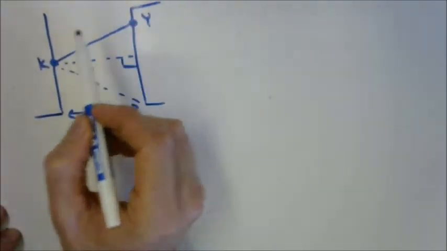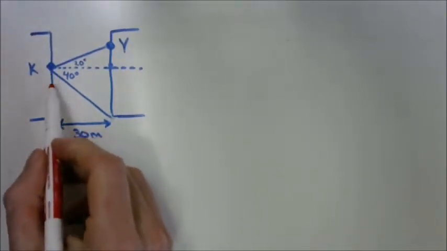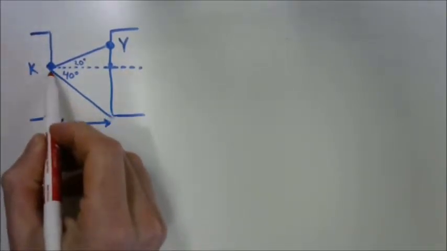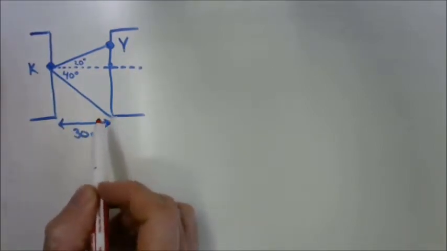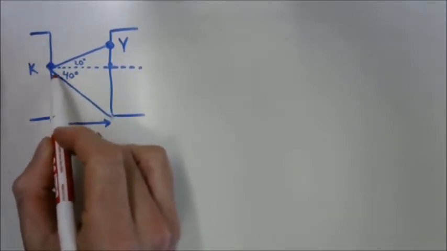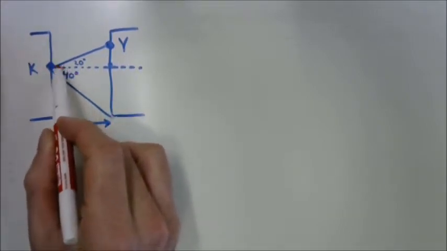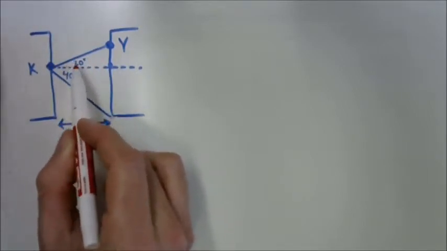The horizontal. Yeah. If we're looking closely at this diagram, we can see that we have a bit of a triangle right here, but we only have this information for it, 30 meters of a length. And then we have another triangle here, and for that we only have a 40-degree angle. And we have an upper triangle here. For that we only have an angle of 20 degrees given.